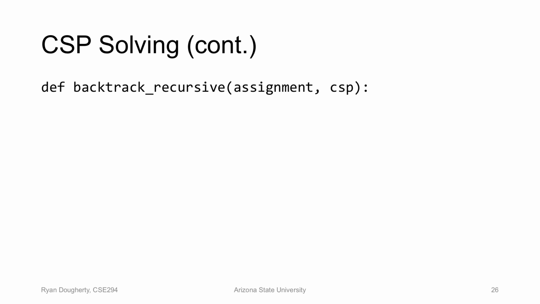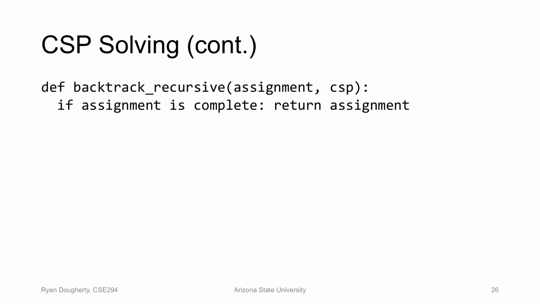So let's look at this recursive backtrack. The assignment will be the assignment to all the variables currently, and CSP will hold all the constraints I want to check to make sure it's still consistent with everything. If the assignment is complete, then I must not have violated any of the constraints, so I return the assignment that I made. Therefore we are done in that case.